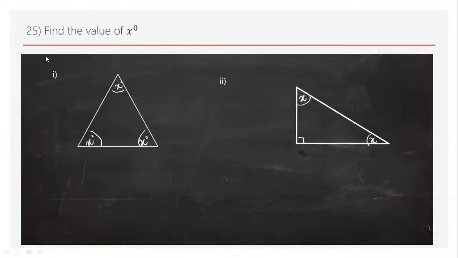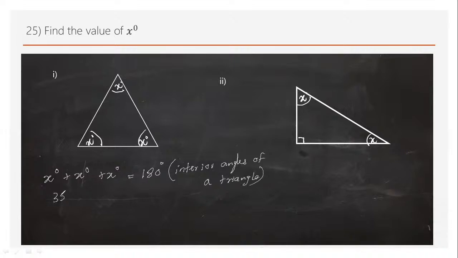Next one, find the value of x. x plus x plus x. What is the sum of all the interior angles of a triangle? All the interior angles of a triangle add up to 180. We can write the reason: interior angles of a triangle.